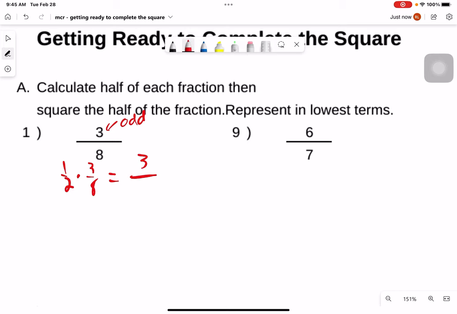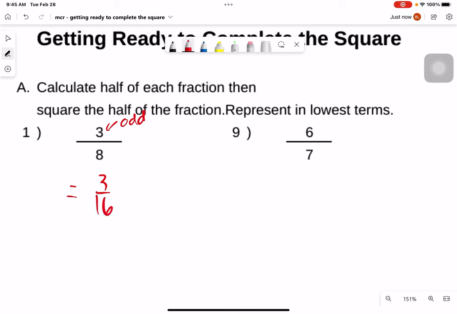I don't even want to show that. I just want to do the shortcut. So I'm going to double the bottom, 3/16.